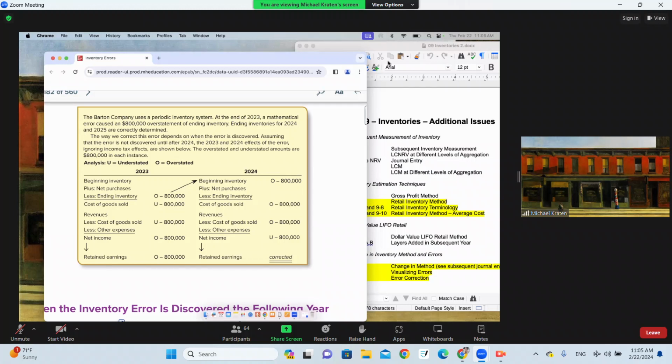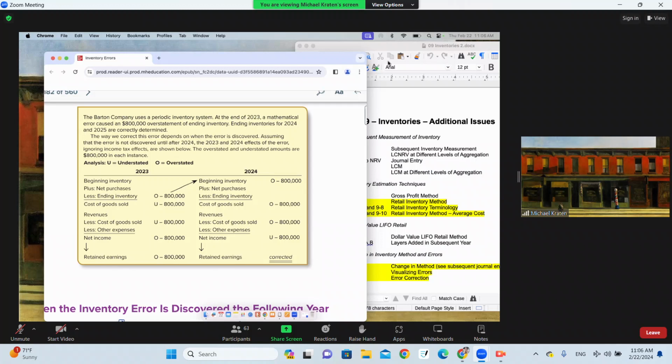And so this is an example of that. Just to summarize, it's called a timing difference. It is true that retained earnings at the end of 2024 will eventually get back to the correct number if you don't make any error corrections at all in your books.